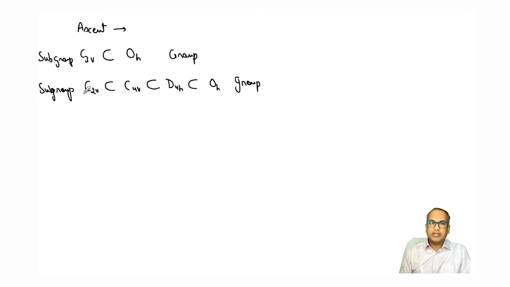So in all these cases, you see, the central metal atom does not change its geometry. But if the central metal atom changes its geometry, so let's say consider a molecule with, let's say, a trigonal bipyramidal structure.